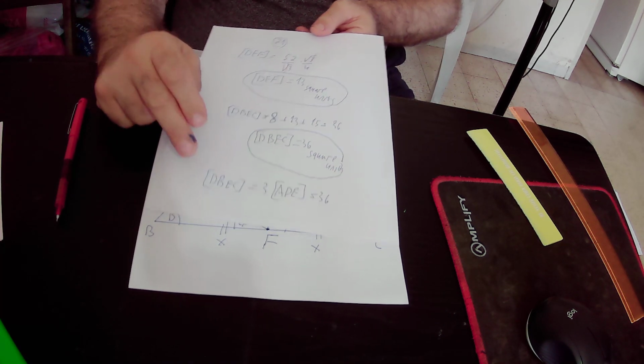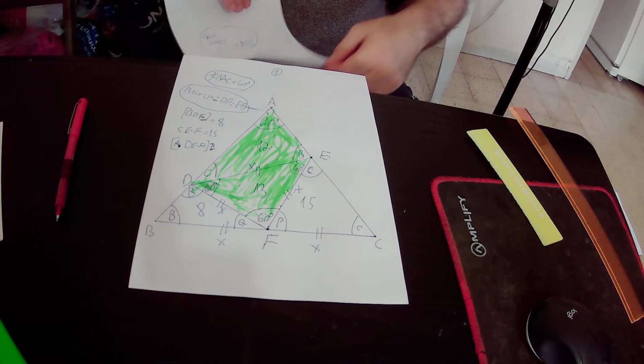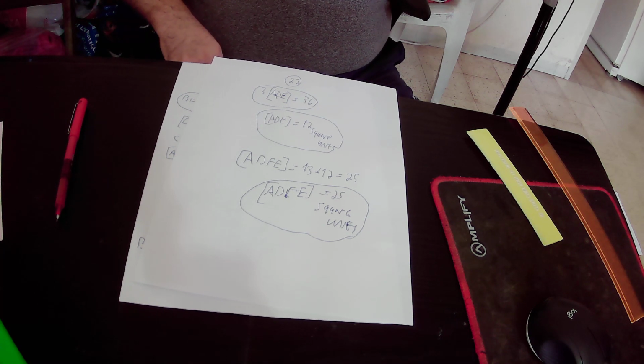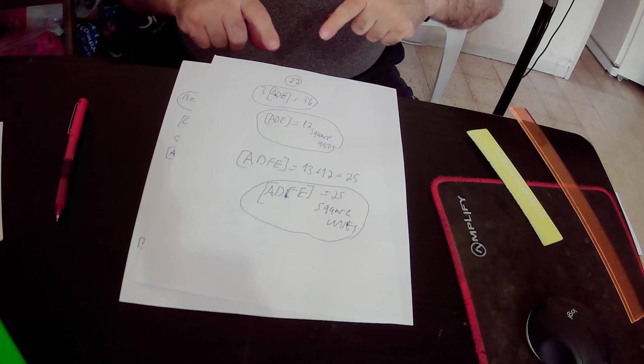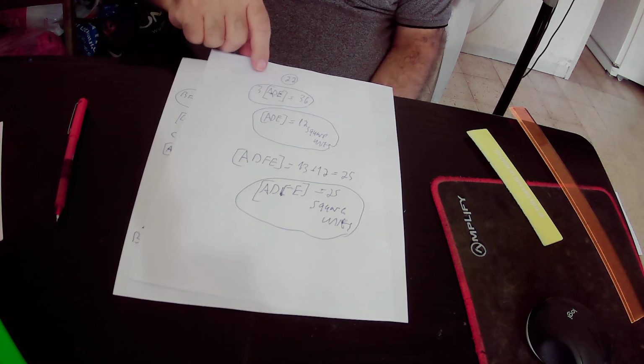We also know that the area of quadrilateral DBEC equals 3 times the area of triangle ADE. From this equality we got that 3 times ADE equals 36. We divided this equality by 3 and got that the area of triangle ADE equals 12 square units.